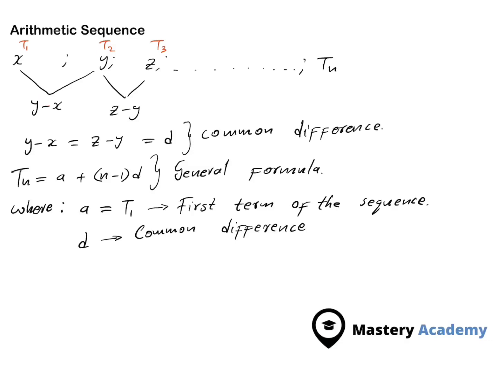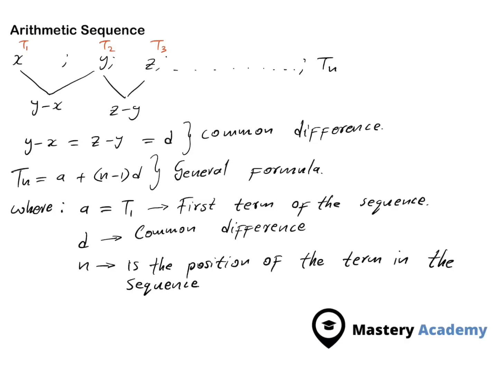But as soon as the common difference is the same, meaning that this is equal to that, then we can say, okay, this is an arithmetic sequence, and then we have a common difference. N is the position of the term in the sequence. And then lastly, we have Tn, which is the nth term.